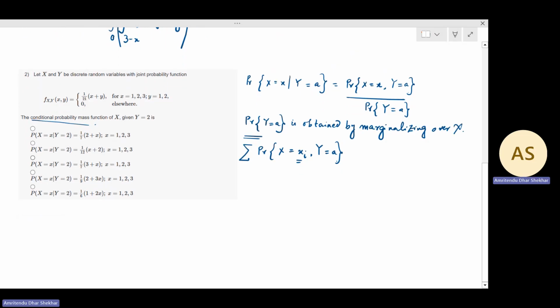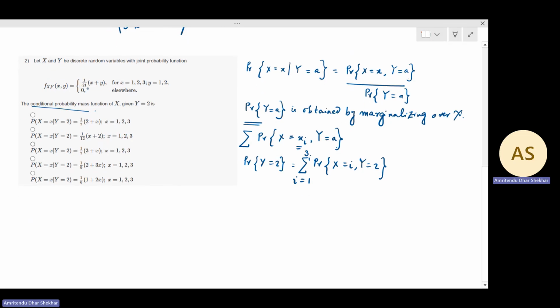So in this case, the probability of Y being equal to 2 is essentially the sum over i of the probability of X equal to i and Y equal to 2, where i is from 1 to 3.